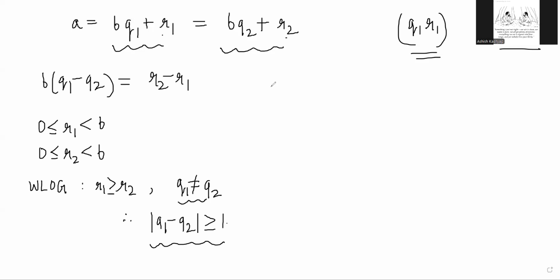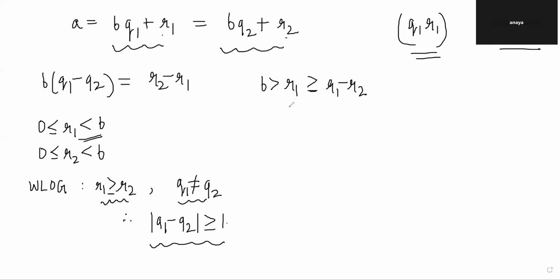So then we can say that b is greater than r1 from here, and we have assumed r1 is greater than r2. So it is also greater than or equal to r1 minus r2. This statement is true, right? Basically, r1 is greater than or equal to r1 minus r2.